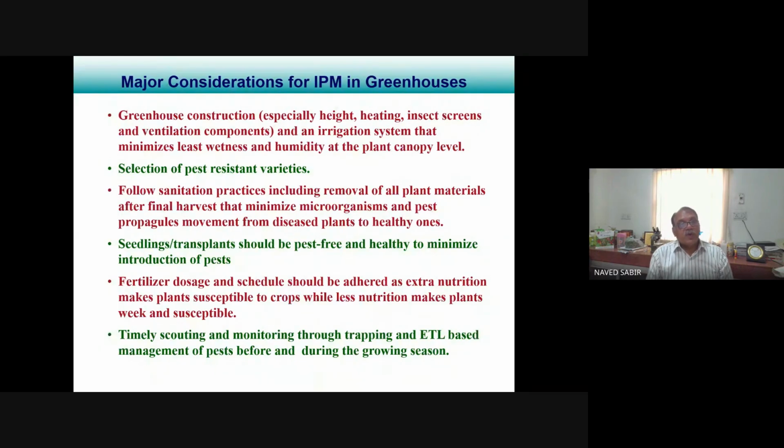Similarly, selection of pest-resistant varieties or the right kind of seedlings and transplants, so that your crop is as pest-free as possible. If you're using diseased seedlings, then nobody can help you.